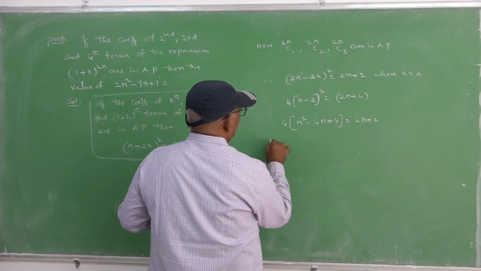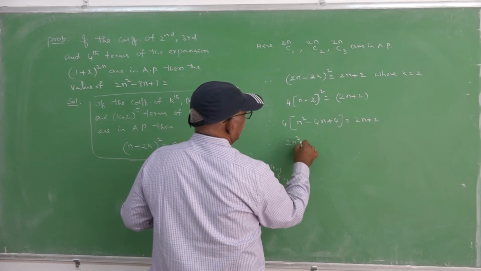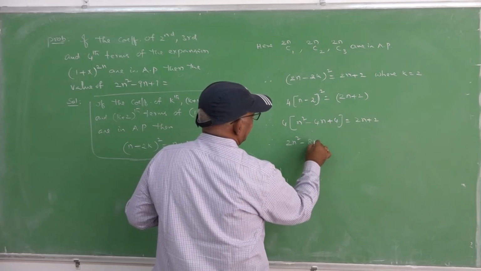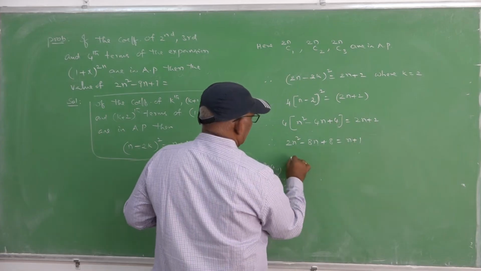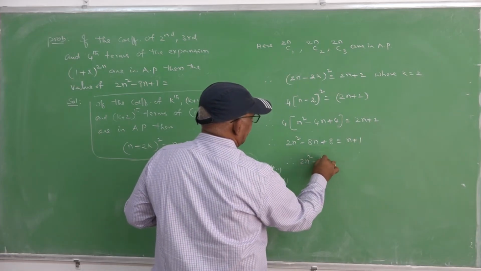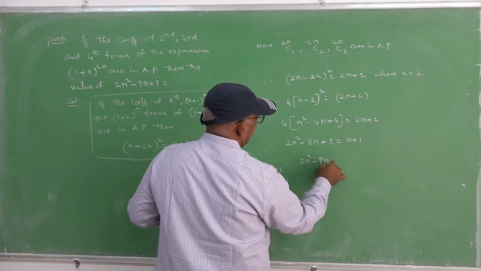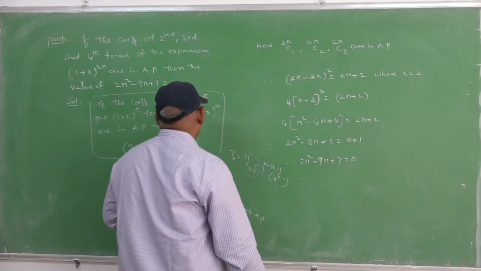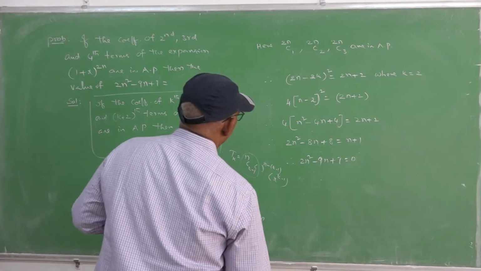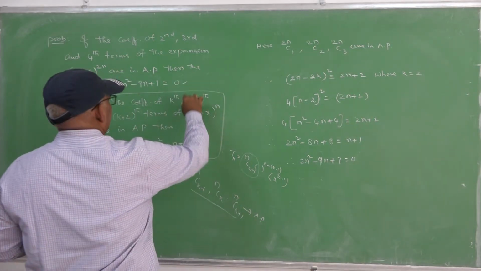You can remove 2: 2n² − 8n + 8 = n + 1. Hence 2n² − 9n + 7 is 0 here.